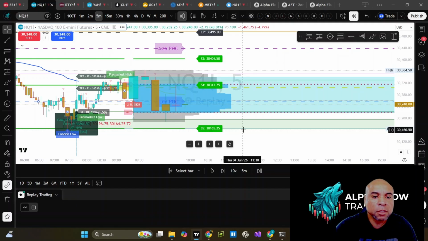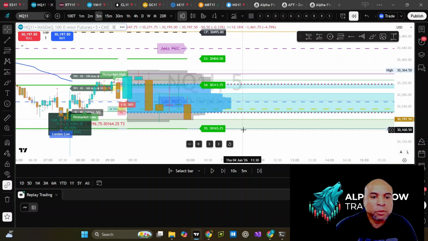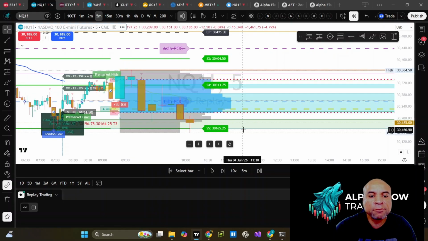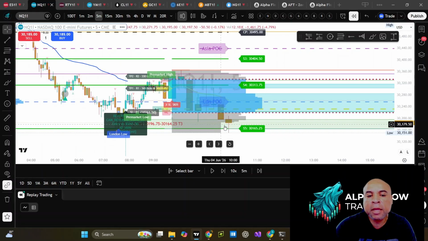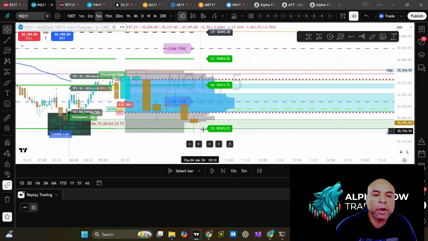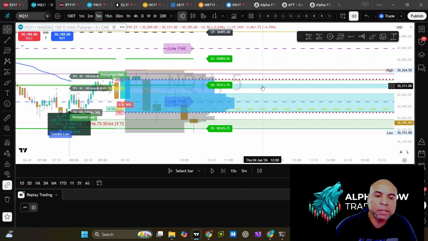All right, so we're gonna let this play out, as we see price continuing its way down towards S5. All right, now here's what happens here. We have a candle that wicked. It touched S5, so S5 has officially been breached, and now we are just waiting for price action to show us our entry, show us some strength back to the upside.